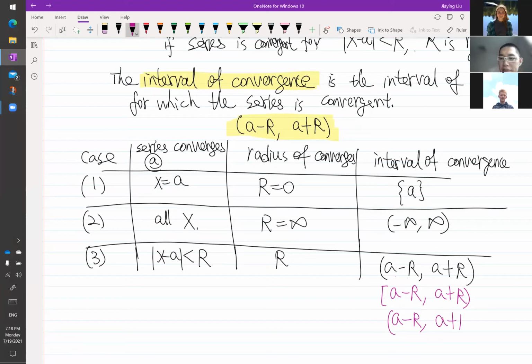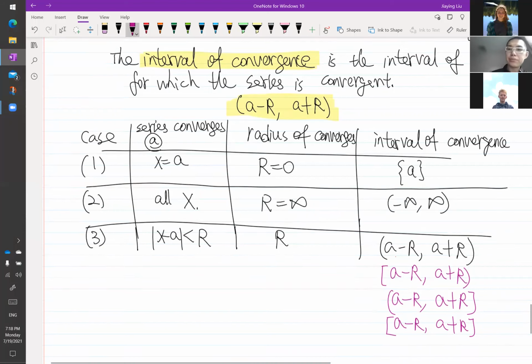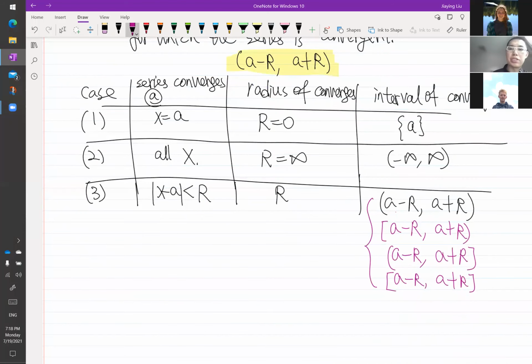So you have to be very careful here to decide which end of the interval is included. Or maybe both of them will be included. So even though you know the radius of convergence is r, you have to be careful to see if the two endpoints of the interval are included or not. So that's more possibilities there.